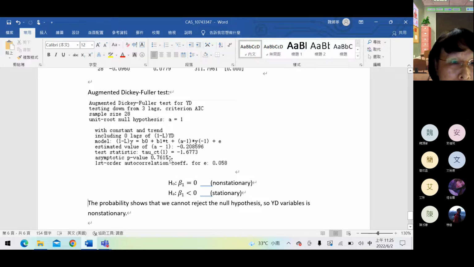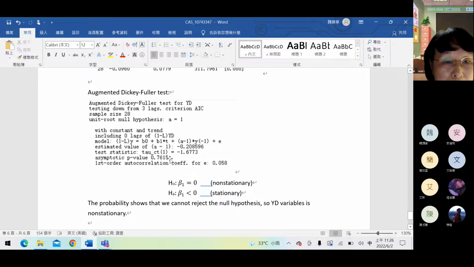I'm not sure, they really didn't show the critical value approach. They're just showing the p-value approach. So the p-value here is the p-value of your test statistic.